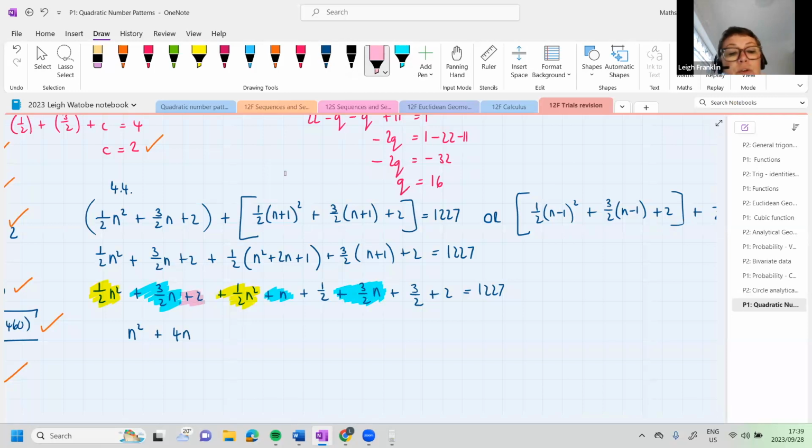We've got the plus 2, the plus half, the plus 3 over 2, and the plus 2, and then of course we also want to move that over and make everything equal to 0 as well. Here I'm getting minus 1, 2, 2, 1 equals 0. Please check me. I hope I haven't made any addition errors in this case.